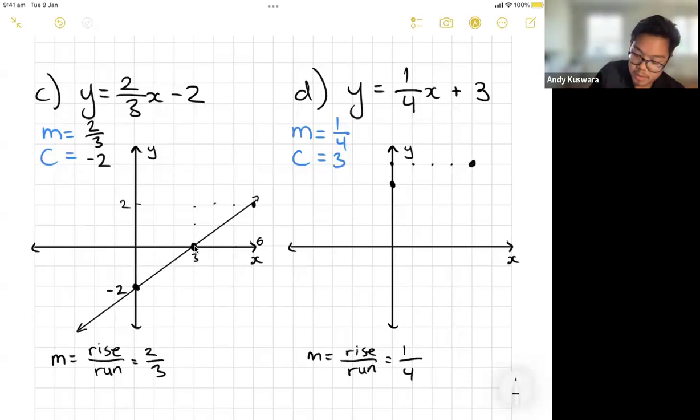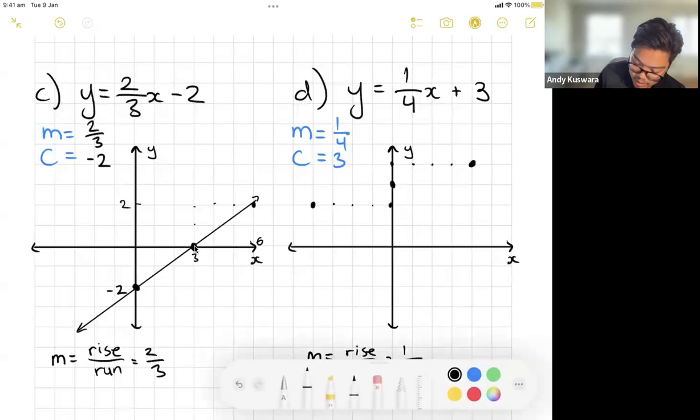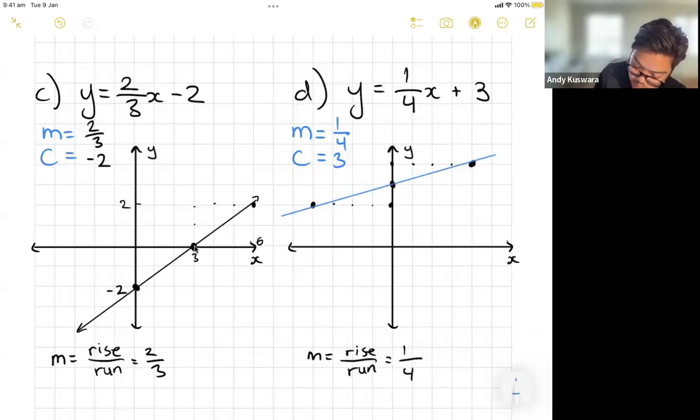Now, to make my graph a little bit nicer, I can also follow it the other way. So that means if I go down 1, I need to go to the left 4. And you can see now that this line here is what my line should be and should go through the 3 points. That there would be the graph of that line.